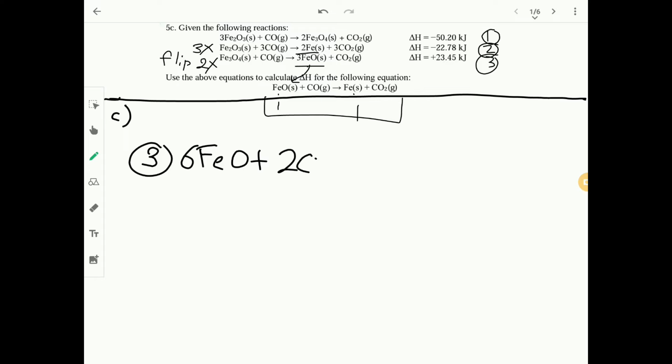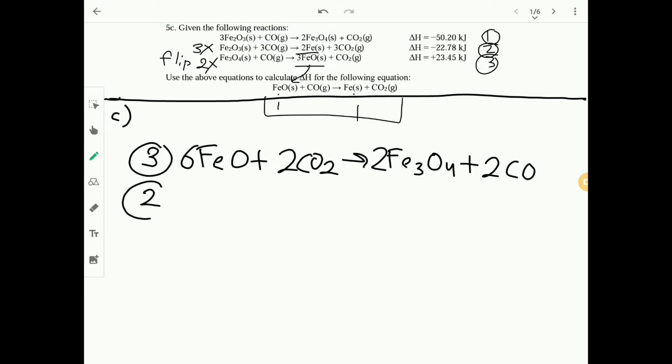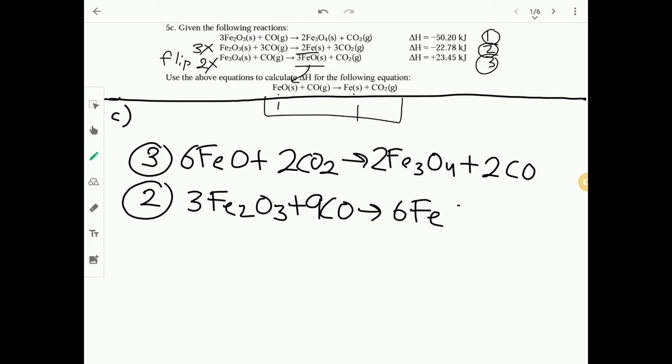Plus 2 CO2 to give 2 Fe3O4 plus 2 CO. And when I multiply the second reaction by 3, I should get 3 Fe2O3 plus 9 CO to give, let's see, 6 Fe plus 9 CO2, right?